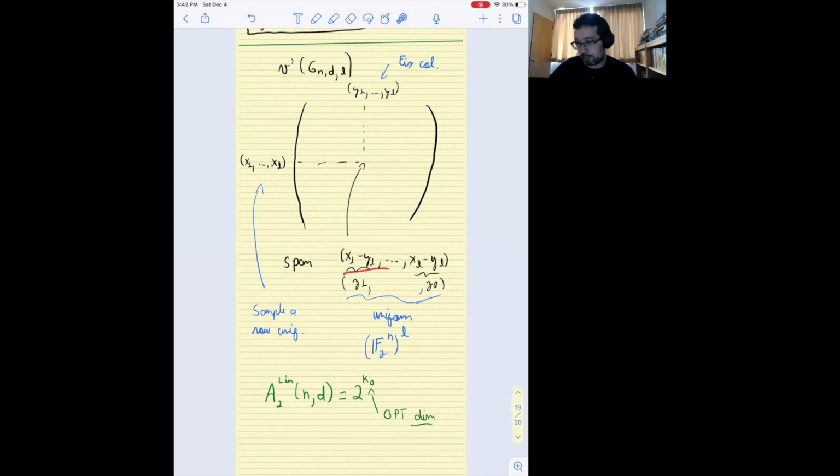When you look at their span, they might span the entire F2 to the n. And if they span the whole thing, and k0 is not n, it's less, then the corresponding entry is going to be 0, because that will be an edge in this exclusion graph. An edge would see that there is a light non-zero vector here, and would zero out this entry.